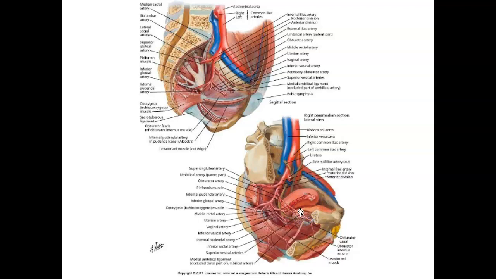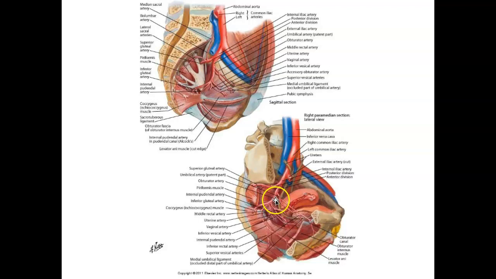And then it will continue, you can see it here, continuing on to become the medial umbilical ligament, which is going to go on the inside of the abdominal cavity up toward the umbilicus, just like in the male as well.